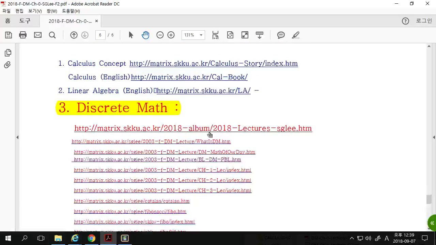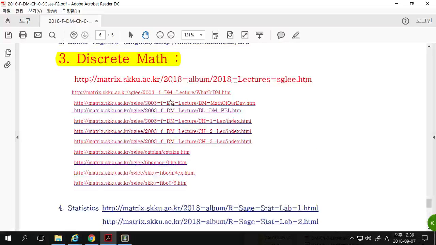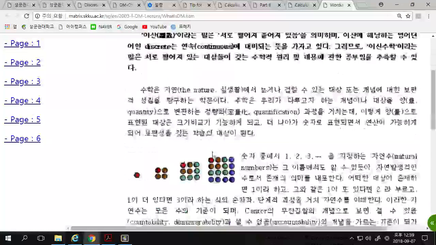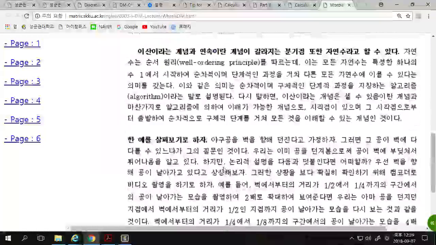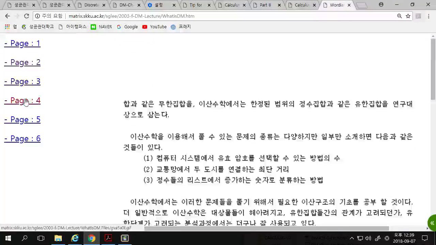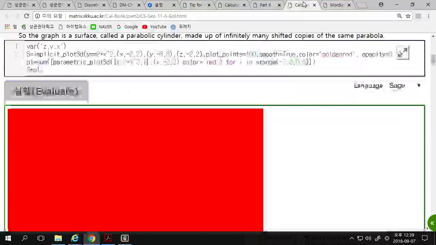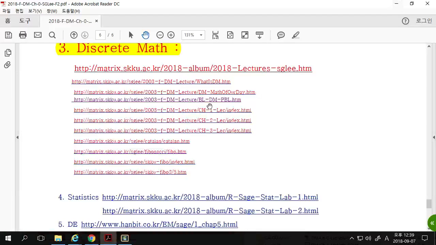this discrete math. Now in discrete math, we will learn many interesting things. These are the web pages that I have made, and here you will have my recent lectures on discrete math, and some articles that I have written, such as what discrete math is, etc. And PBL report and chapter 1 and Catalan numbers and Fibonacci numbers.